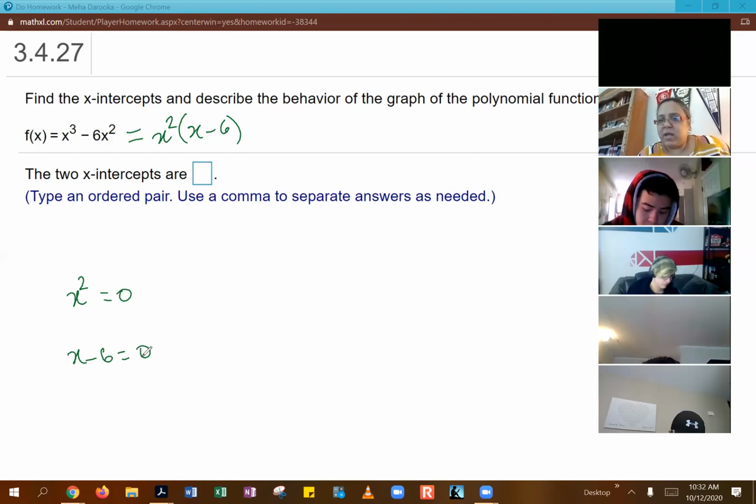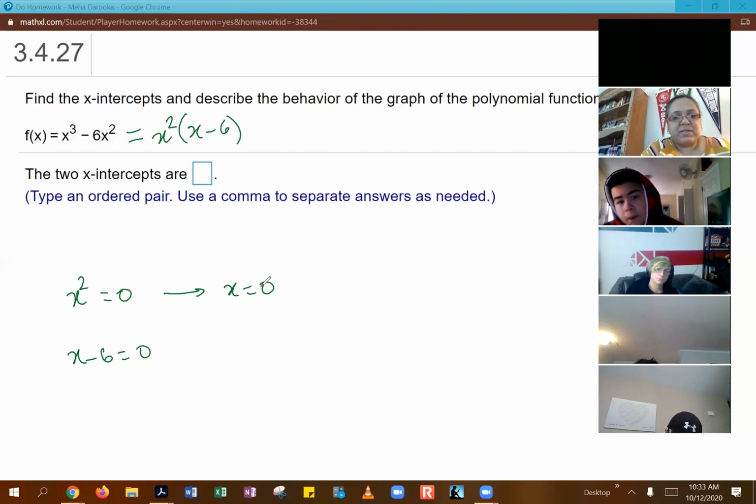So that will tell you what each of those x-intercepts should be. And then looking at the exponents on them, you will know what kind of behavior they will have. And honestly, for this x squared, you can just leave the square out and you get x equals 0. Because that would be the same thing if you took a square root on both sides, and you will still end up getting x equals 0.